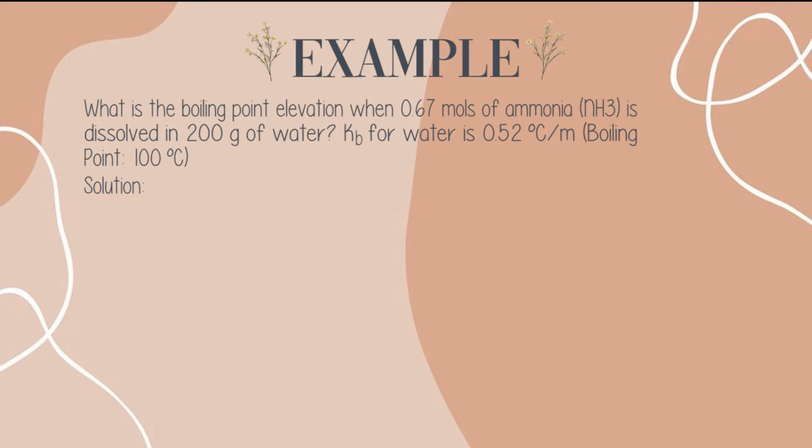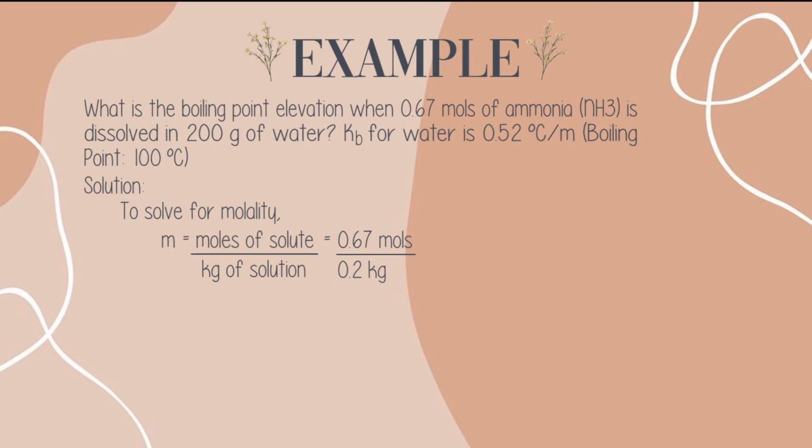So to solve for molality, since molality is not given in the problem and is needed to solve the boiling point elevation, we use the formula, the moles of solute over the kilograms of solvent. So this is equal to 0.67 moles divided by 0.2 kilograms, which is equal to 3.35 m.